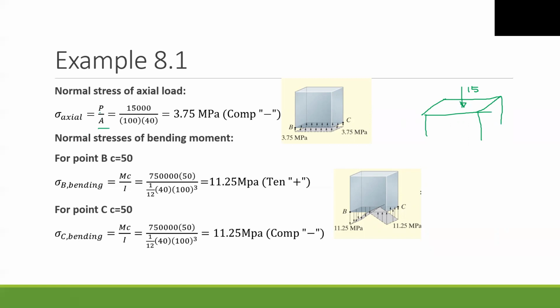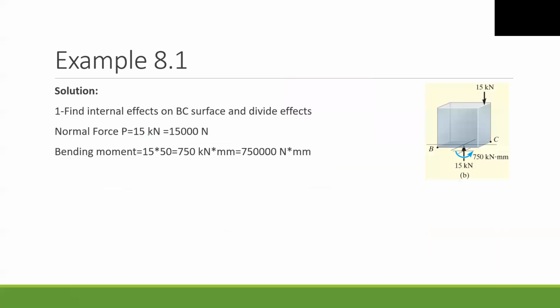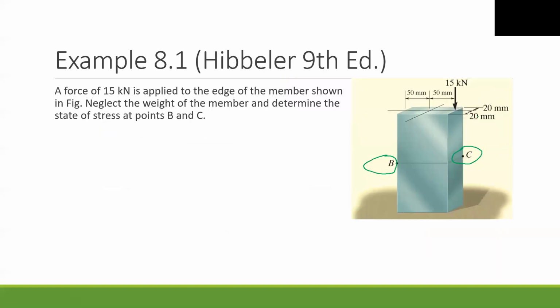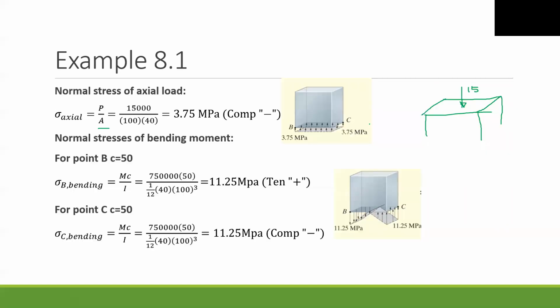The formulation for axial stress is P divided by area. I already converted to 15,000 newton divided by the area. Look at the dimensions: 40 millimeter times 100 millimeter. We are working in newton millimeter, don't forget. 100 times 40, we obtain 3.75.